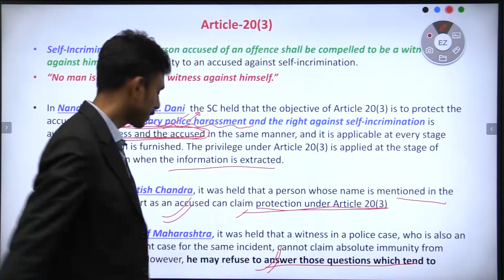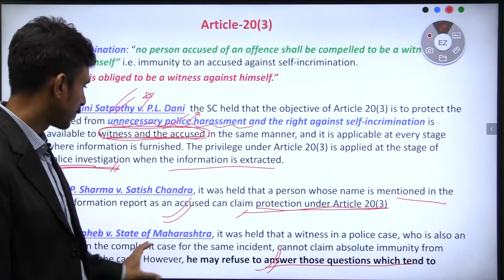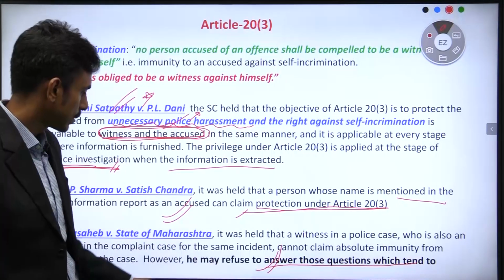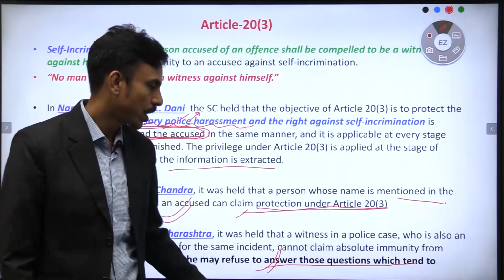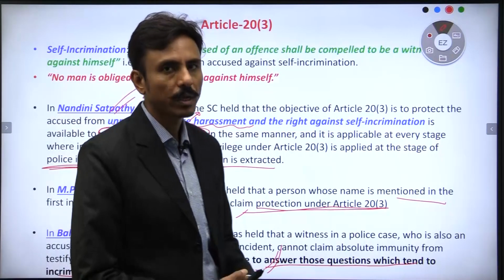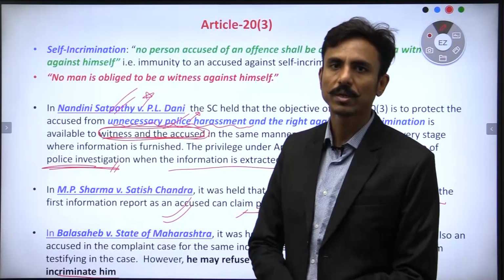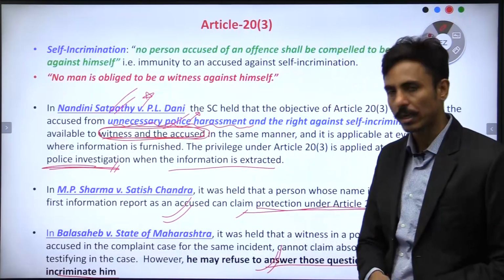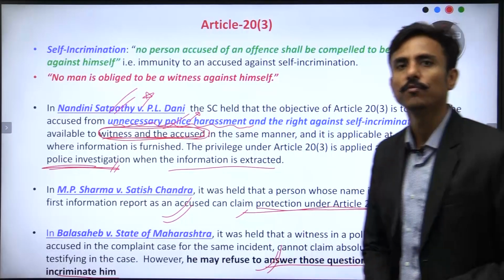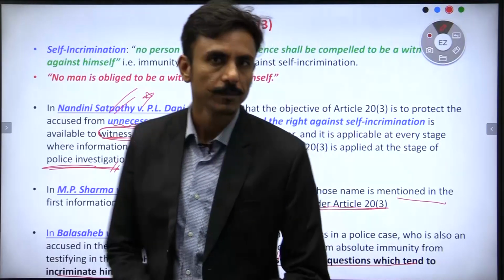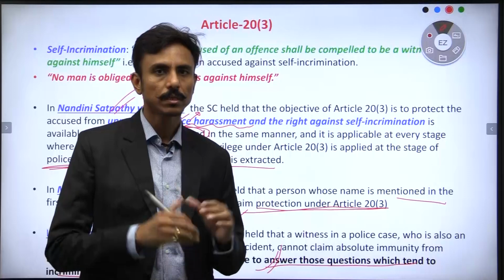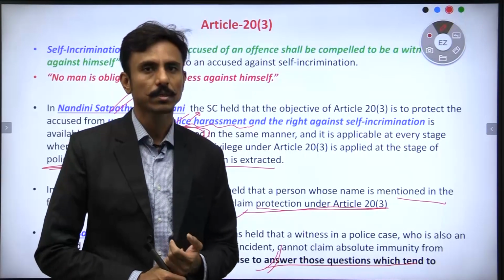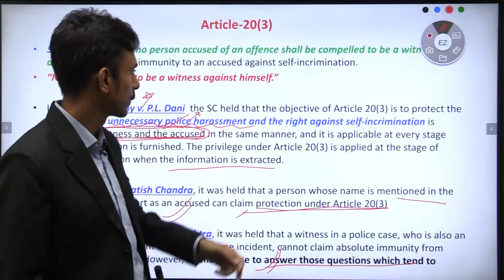That means the Supreme Court in Balasaheb versus State of Maharashtra said that the accused person may refuse to answer those questions which may incriminate him or which may lead to self-incrimination. That means he becoming the witness against himself, right? So therefore, guys, Article 20 Clause 3 protects the accused person, right, or the detained person.